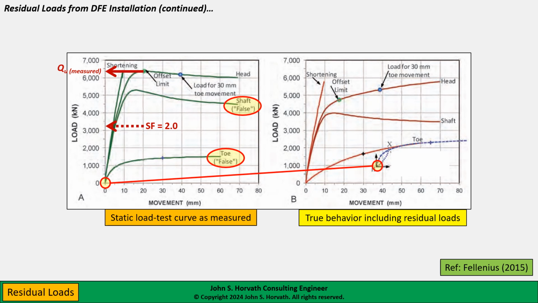And that's why this is false. It's too high. The true shaft resistance is as shown here, and therefore this is the true load displacement relationship for the head of the DFE.